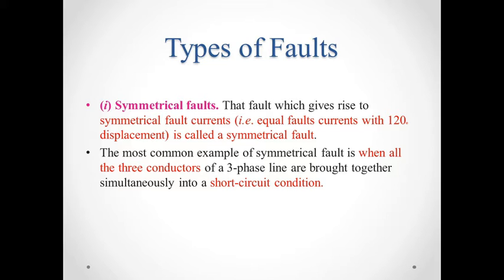The only phenomenon in which this type of fault can occur is when all three conductors are shorted together at once.